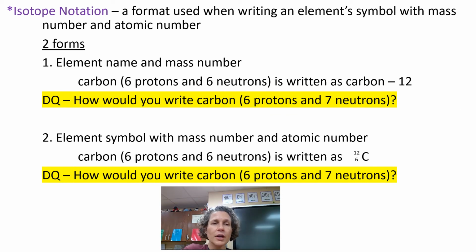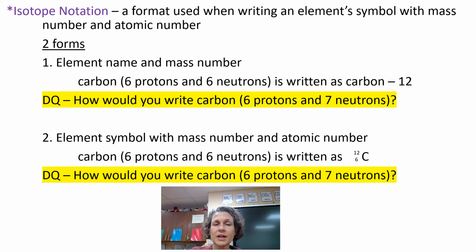Now, when you're talking about isotopes, or when you're writing them, there's typically a very specific format used, or actually two possible formats, and it always involves at least the mass number and sometimes the atomic number. The first form is more like the long version. You have the element name and the mass number. For example, if I'm talking about carbon that has 6 protons and 6 neutrons, I write that as the word carbon dash 12.